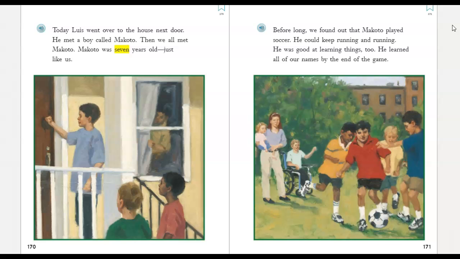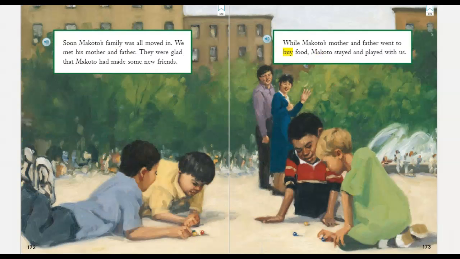He learned all of our names by the end of the game. Soon, Makoto's family was all moved in. We met his mother and father. They were glad that Makoto had made some new friends.